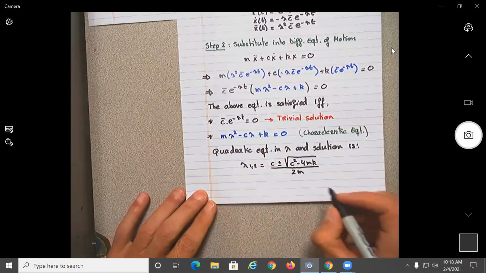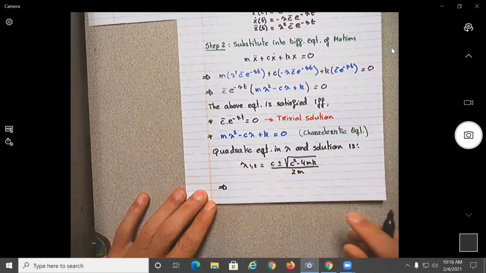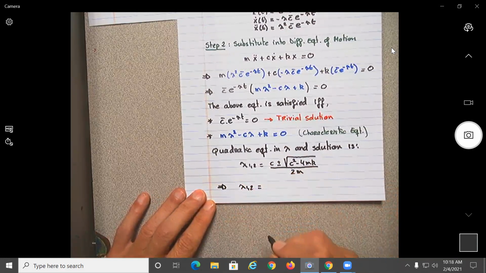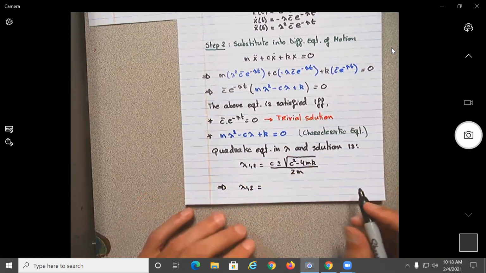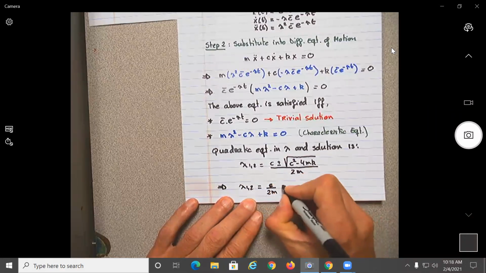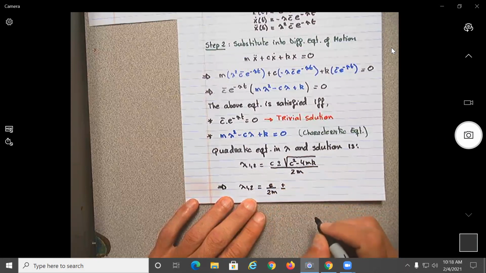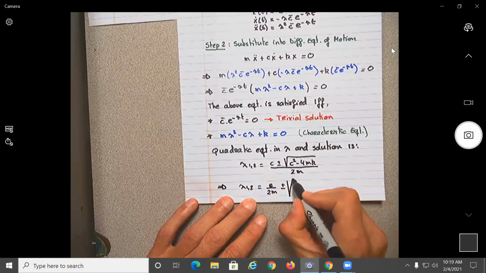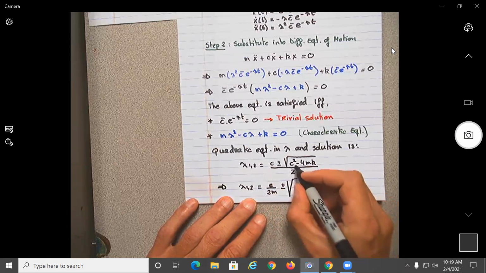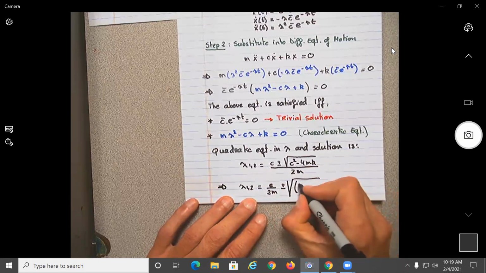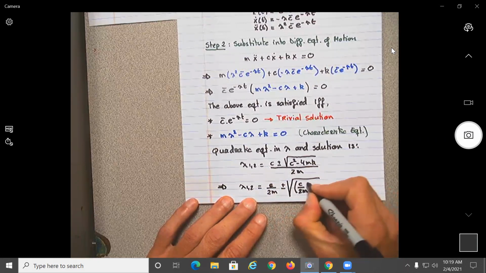Okay, so let's see if I have space here to put it over here. I want to do it on the next page. So here, if we now put the values, we'll have lambda 1,2 should be equal to, we can simplify that equation, so the first term should be c over 2m, plus minus, okay, we can write this as c over 2m.